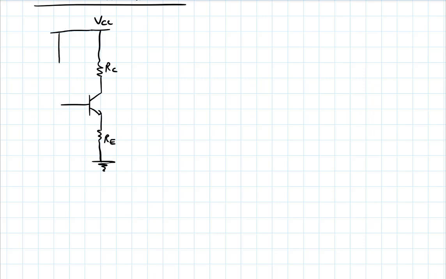Let's assume you have built a circuit like this. A circuit that we've seen before. Here you have the VCC. Here you have a collector resistor. Here you have another resistor. Here you have ground. And you have biased this with R1 and R2 here.